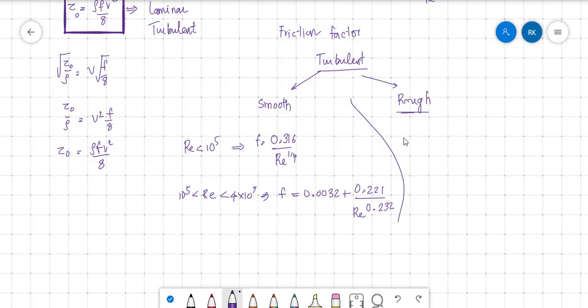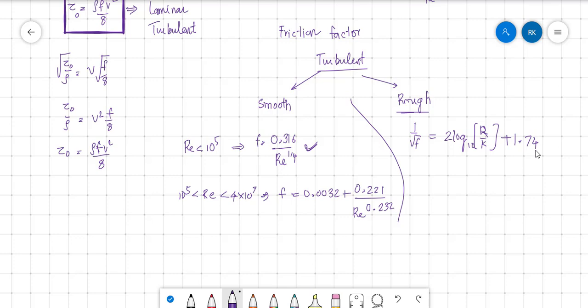And in case of rough pipes, mostly this will be used: 1 by root f is equal to 2 log base 10 of R by k, radius of the pipe by average roughness, plus 1.74.